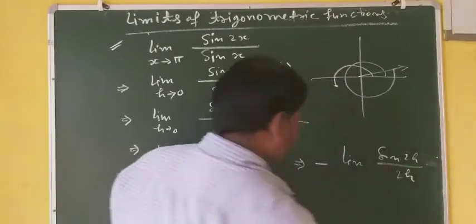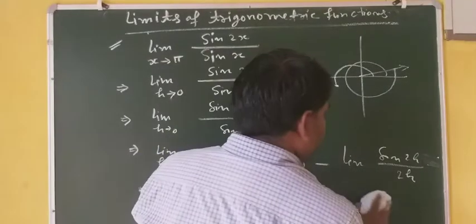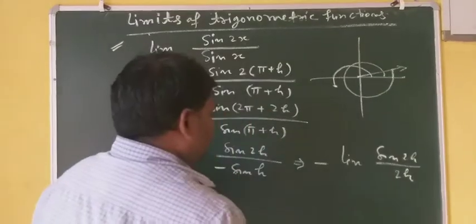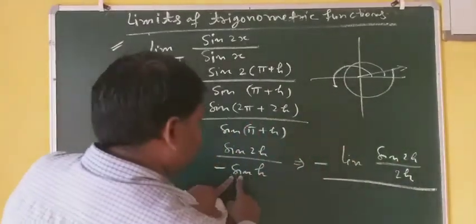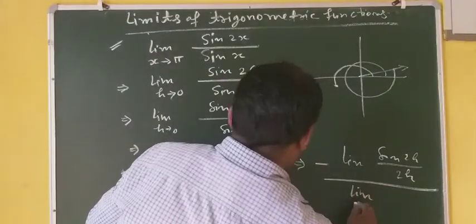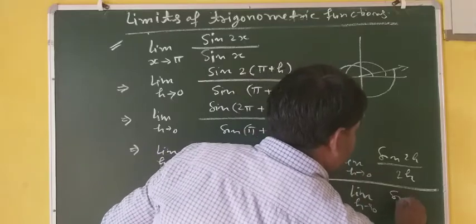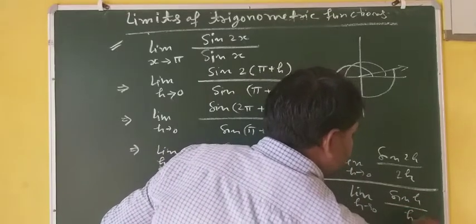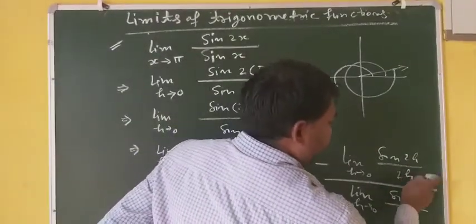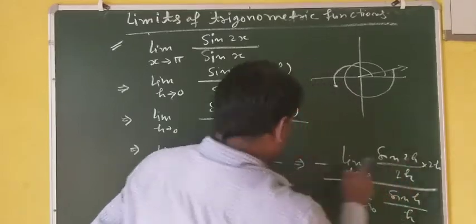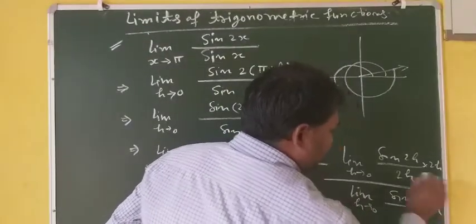Let me explain here: sin 2h upon 2h, divided by limit h tends to 0, sin h upon h. You are required to have 2h, so multiply by 2h, since it was not there, and in the denominator h and into h.